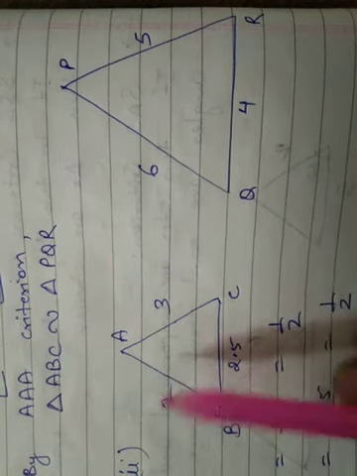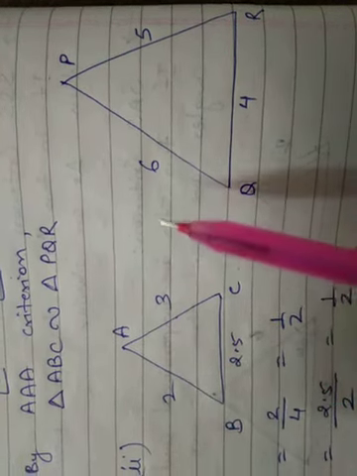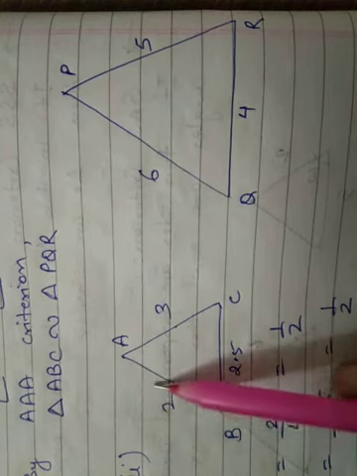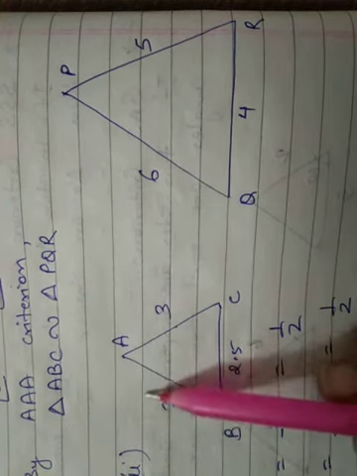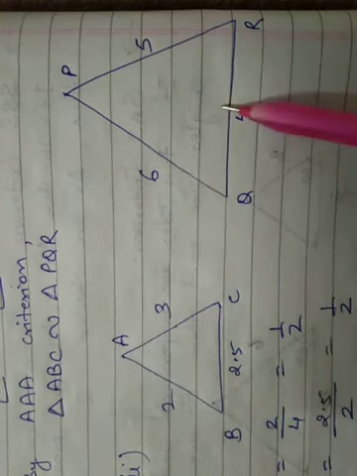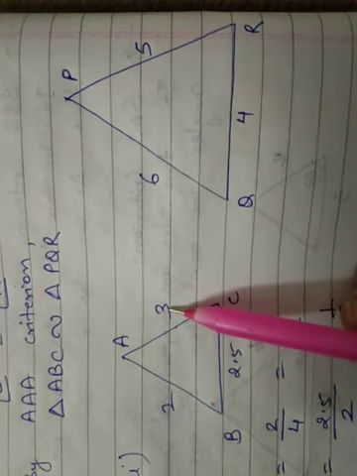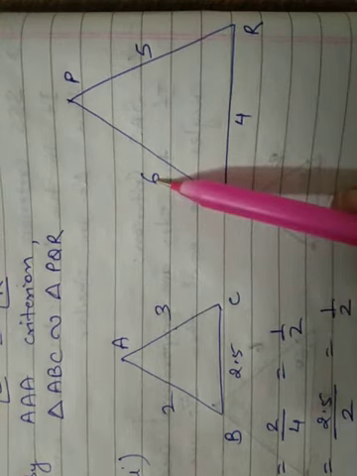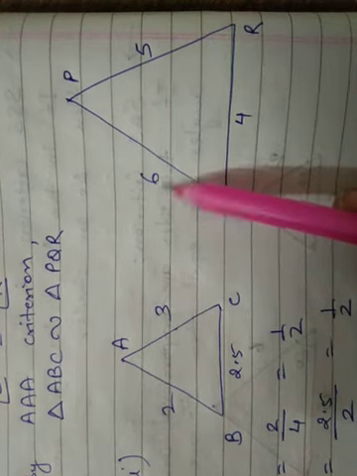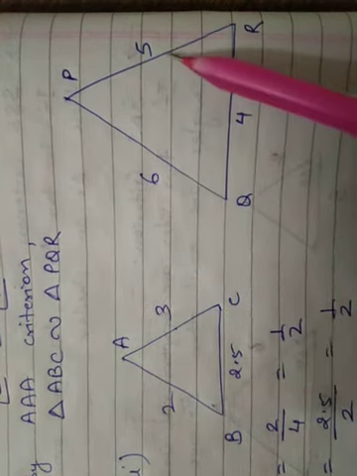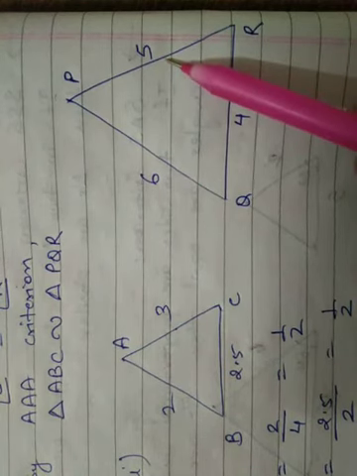So by looking and observing it, you cannot directly start taking ratios. You just give it a thought for 2 minutes. If I take a ratio of 2 and 4, it will give me 1 upon 2. In the same way, if I take a ratio of 3 and 6, it will give me 1 upon 2. And 2.5 and 5 will give me 1 by 2.